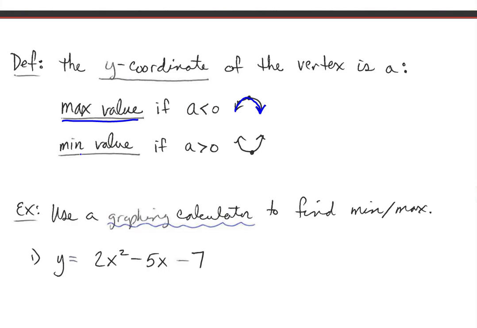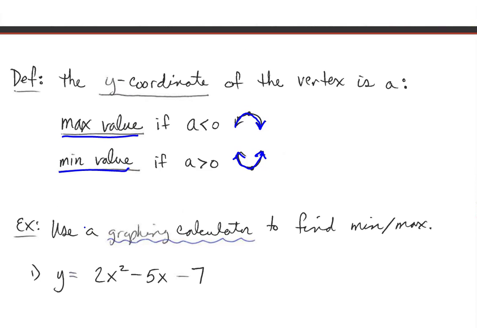But it's a minimum value if the parabola opens upward, which of course happens if a is positive. Okay, so same characteristics of a quadratic function, but now we're just putting some extra application and meaning on the vertex in these cases.